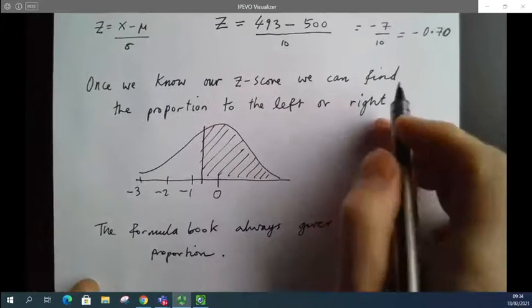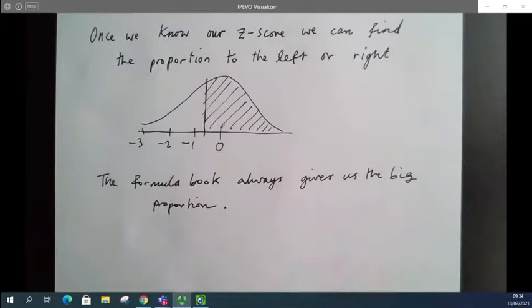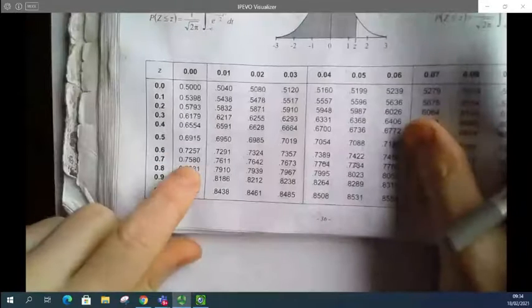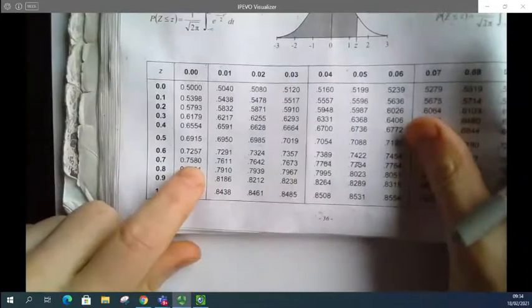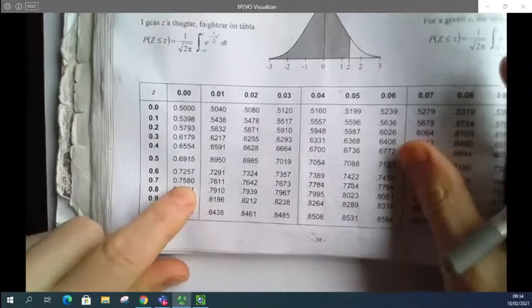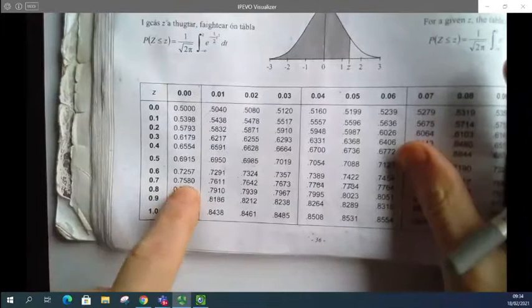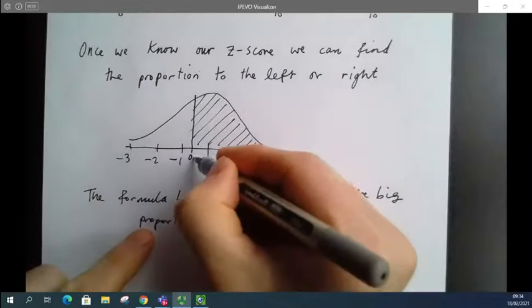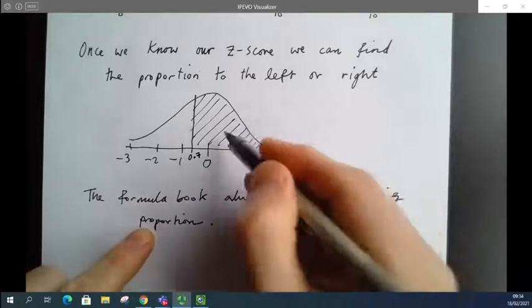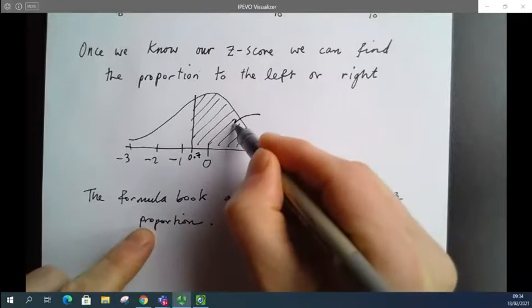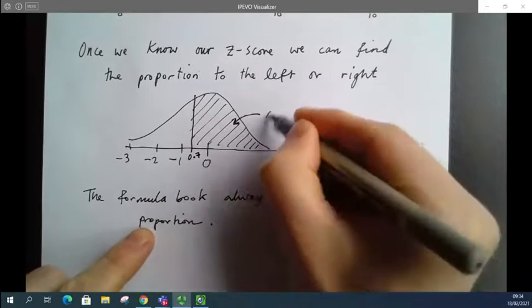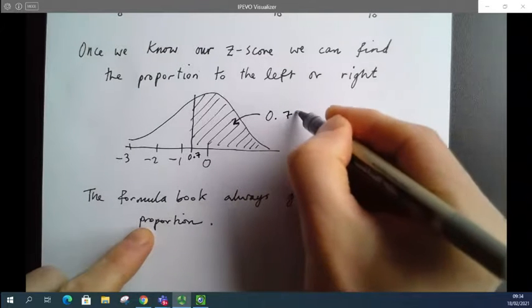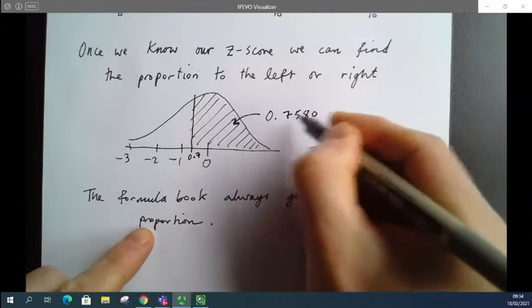So we have a z-score of minus 0.7. We can't look at a minus z-score, so we just look at a plus z-score, and we get 0.7580. Now that's the proportion to the left or right, but it's going to be the proportion in the big part. So from our graph, here's 0.7. The formula book is going to tell us this proportion, which is 0.7580.